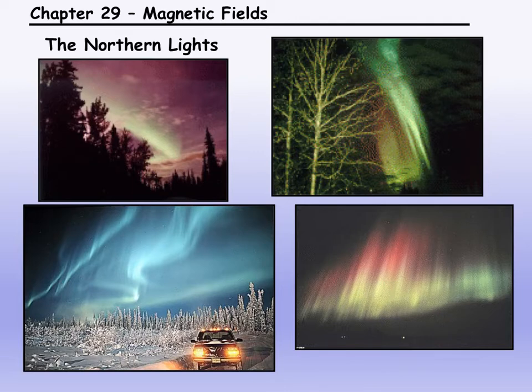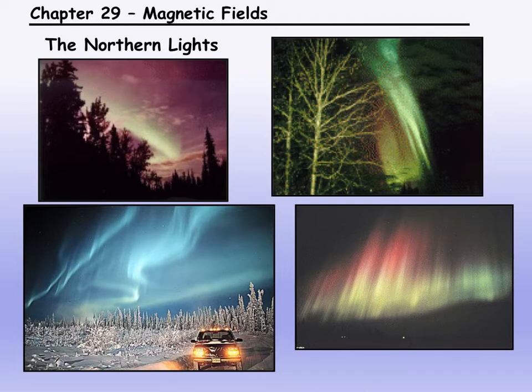Now, what is this from? When those charged particles from the sun come flying toward the Earth and get in the magnetic field and enter at the North Pole, they interact with the gases that make up the atmosphere, and it makes those gases glow. And that's what you're looking at, the northern lights.